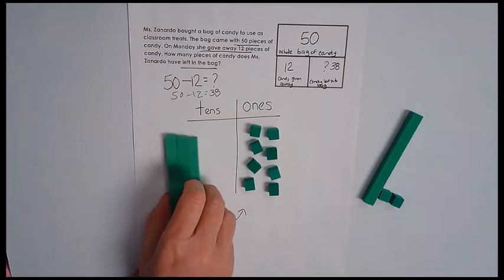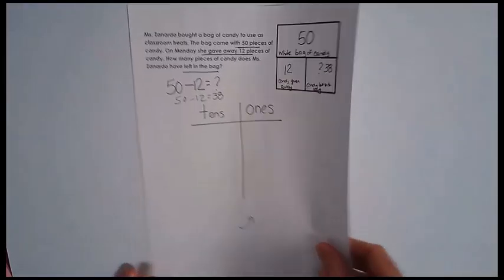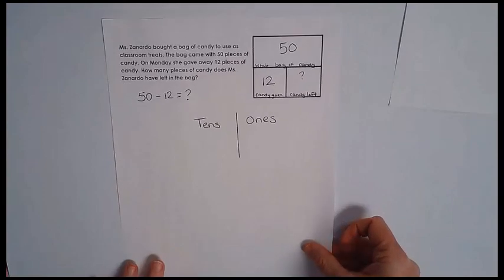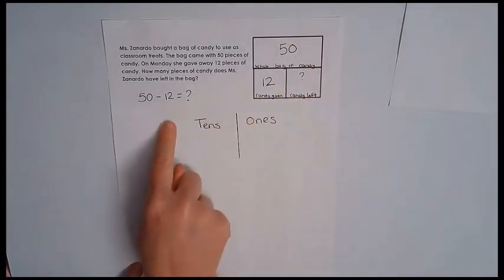Now, after students have had ample practice using those base 10 blocks, you can do the same lesson but with representational. So you can see I've already set up my part whole, written my equation.